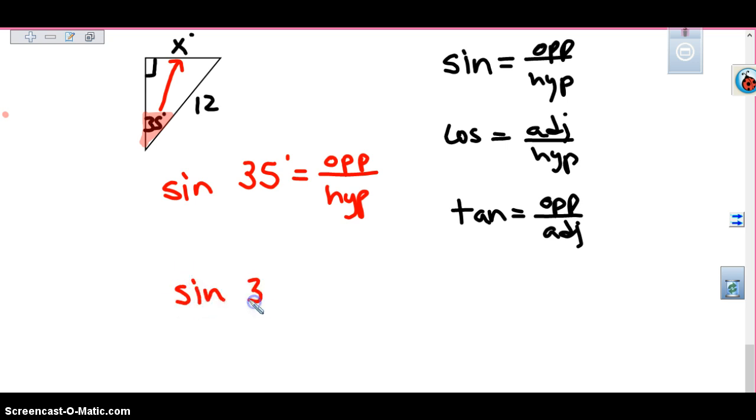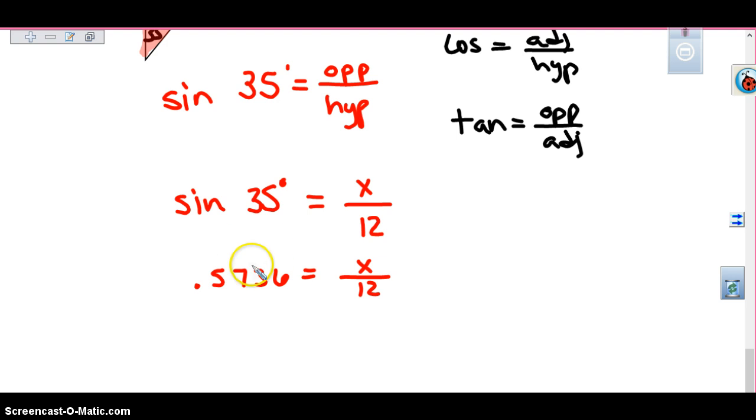So the sine of 35 degrees will be equal to the opposite, which is side x, that's what we're looking for, over the hypotenuse, which is 12. We can use a calculator to find the sine of 35, and you get 0.5736 is equal to x over 12. So I found 0.5736 using the calculator.